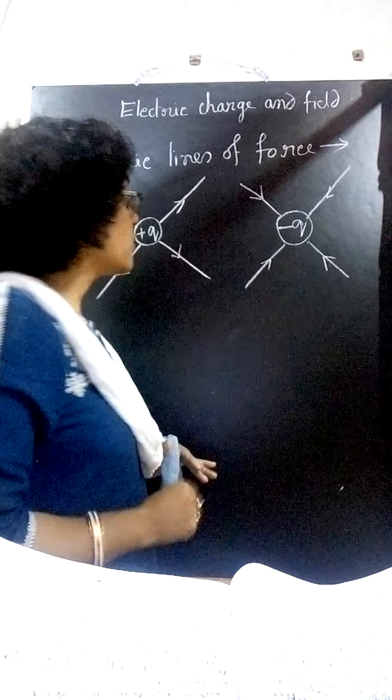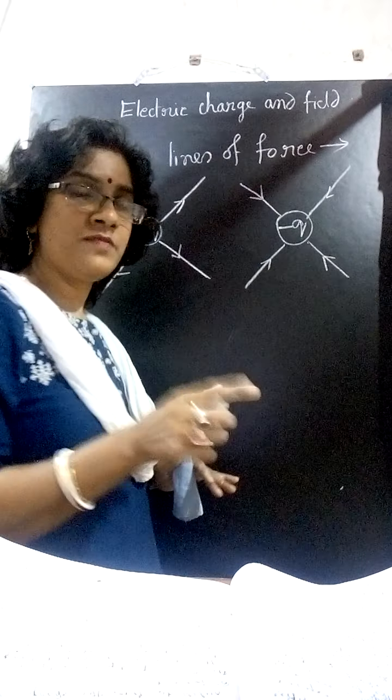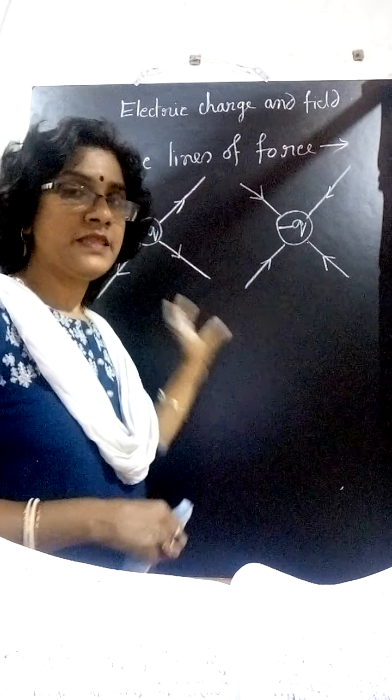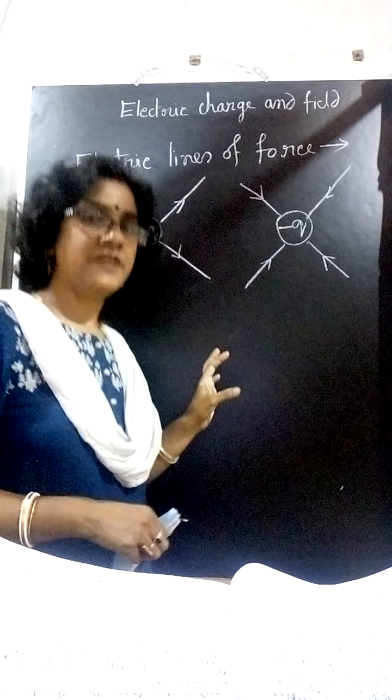So by the earlier lines of force, the direction is shown by the arrow, but by the length of the line, the magnitude is clear: a bigger line means a strong electric field is there.